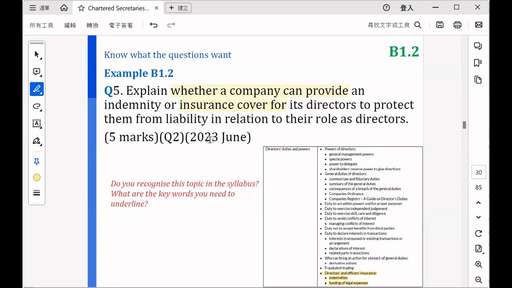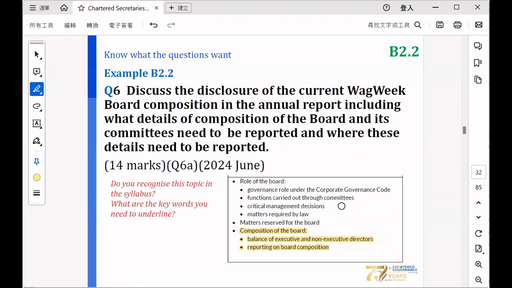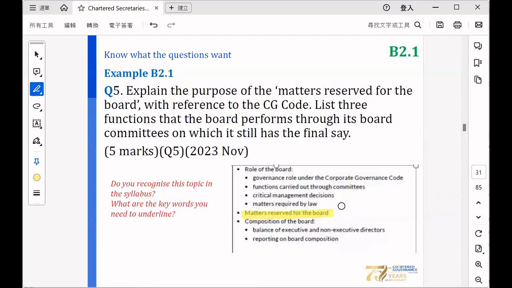This is a quite simple and straightforward question, but it doesn't come up frequently, and therefore some students who are not well prepared will be caught by this type of question. That's why it's very important, as I've explained, that you should at least give a short explanation on each of the topics mentioned in the syllabus.